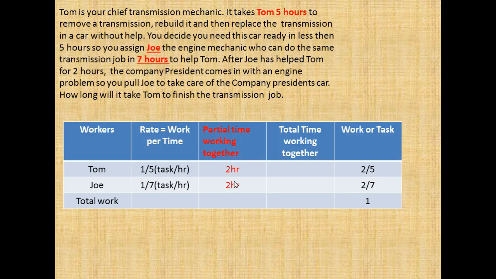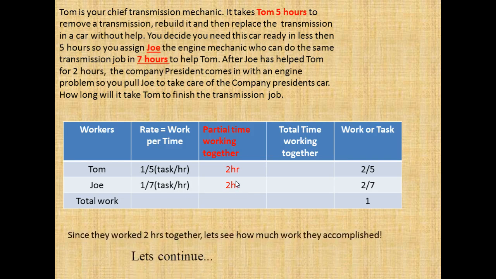The partial time they work together, okay, is 2 hours. So let's see what they complete in 2 hours. We multiply 2 times 1/5 and 2 times 1/7, and hours cancel as before, okay?